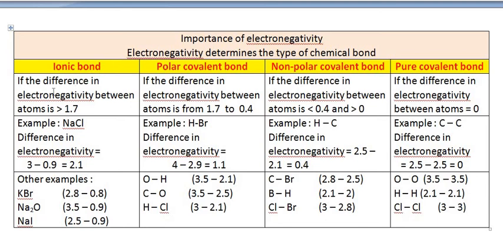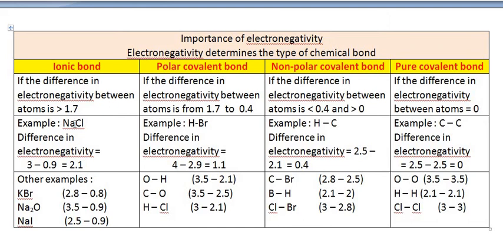If the difference between the electronegativities of the two bonded atoms is high, for example greater than 1.7, the bond between the two atoms will be ionic bond. So one of the two atoms will attract the electron very, very strongly compared to the other. So the bond will be ionic.